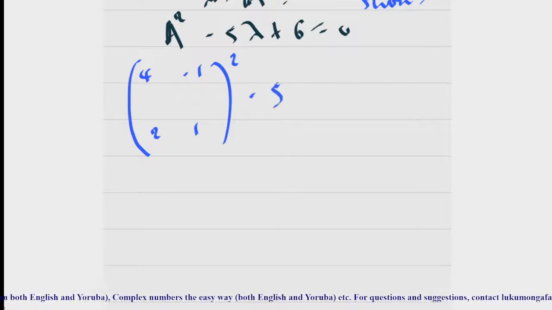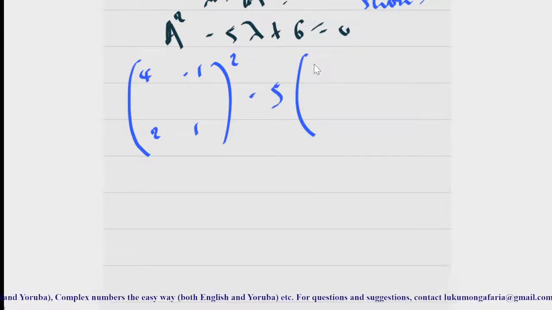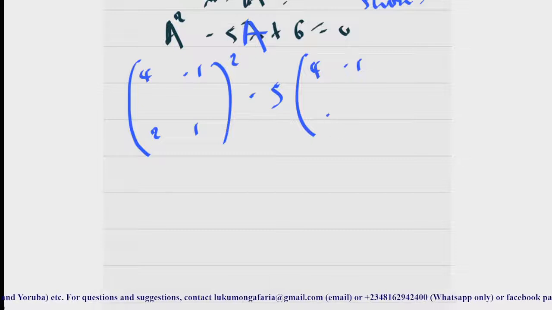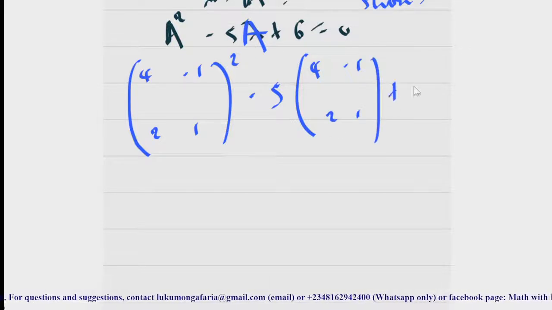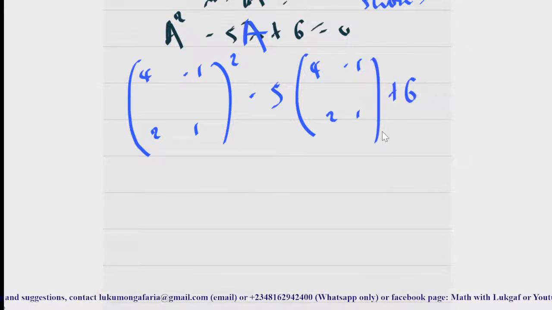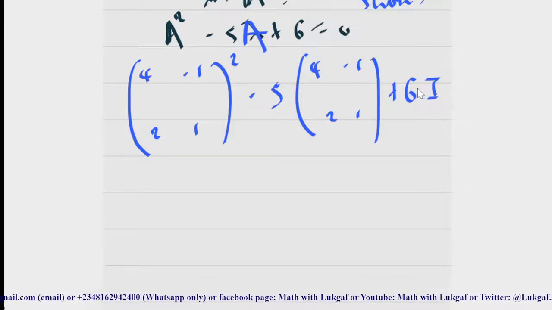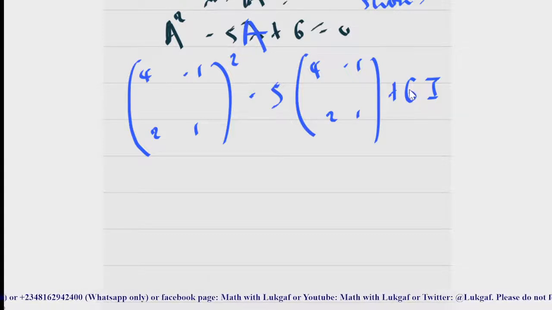Then 5 times A, which is 4, minus 1, 2, 1, then plus 6. We want to show this is going to give me 0. Okay, let us try that. But since 6 is a scalar, you can just put I to make it a matrix. I hope you understand now.